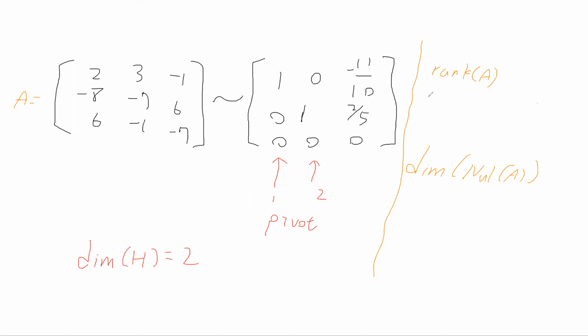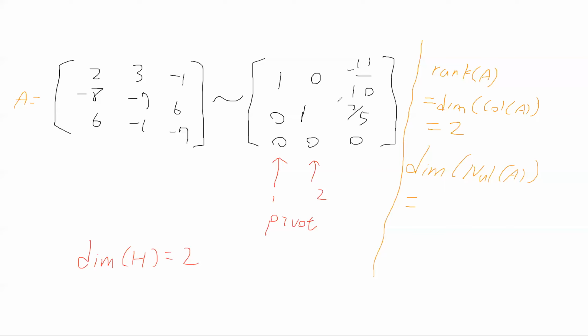Okay, let's take a look at this. Remember that rank of A can also be understood as the dimension of the column space of A. Now what's the dimension of column space of A? It's right here, 2. And how do you find the dimension of null space of A?